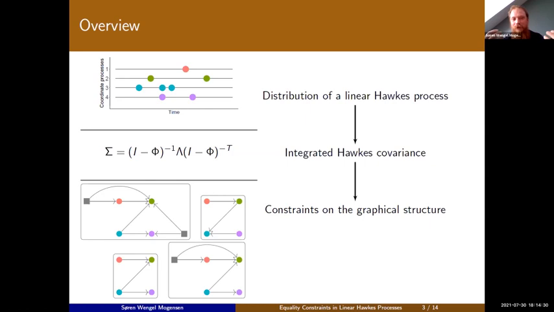I know many of you are familiar with linear structural equation models, and you will see that this equation is essentially the covariance matrix of such a model. From this, we can derive some constraints that we can use to tell apart these graphical structures and do structural learning. So this is essentially the very short version of this talk.